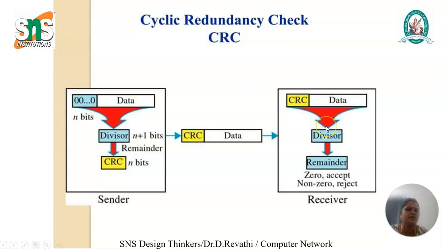The receiver divides using the same divisor, and if the remainder is 0, it accepts; if the remainder is not 0, it rejects. That is the technique used by the CRC.